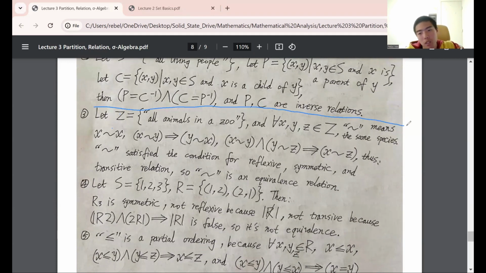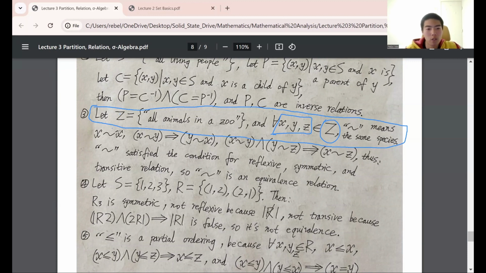So, all animals in a zoo. Suppose Z is the set of all animals in the zoo. So X, Y, Z belong to set Z. Z is the zoo, so they are each animal inside it. We first define this wavy line to mean the same species. Let's check if it's an equivalence relation.